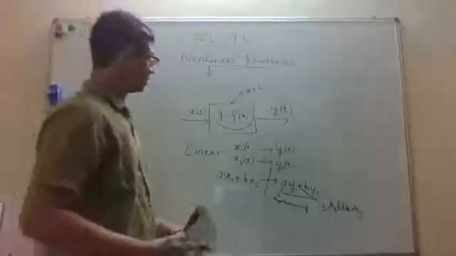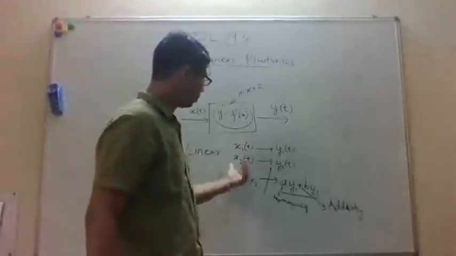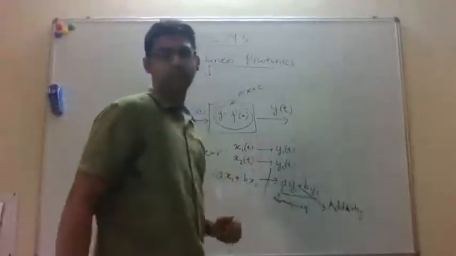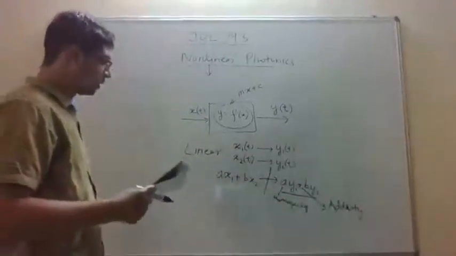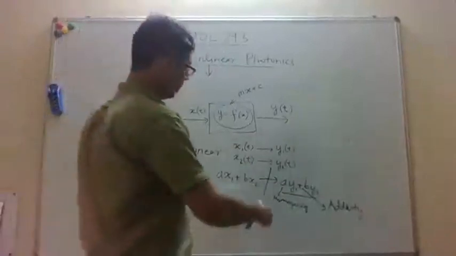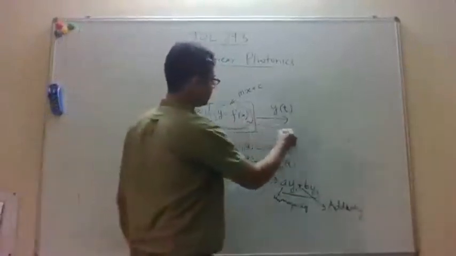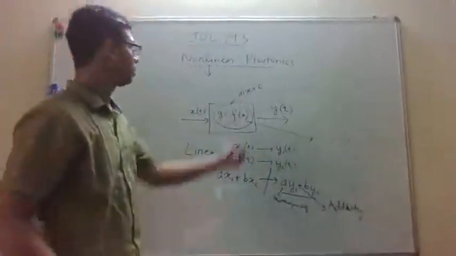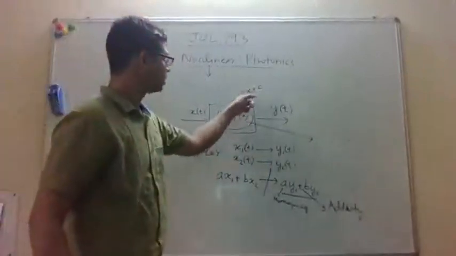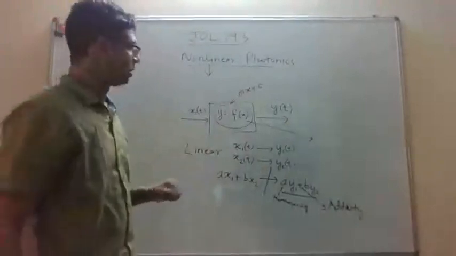Okay, so a nonlinear system is one which does not satisfy this, right? If I give some linear combination of the inputs, I do not get a linear combination of the output. Equivalently, this function would be some nonlinear function, so it won't just have a linear term of x.